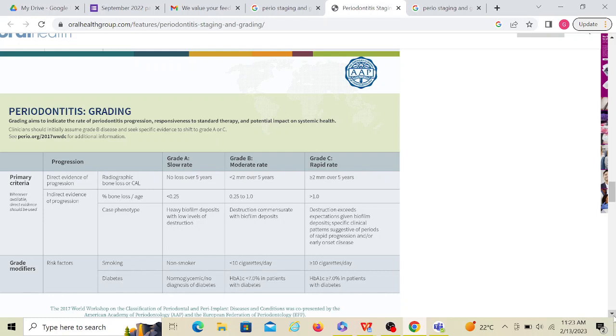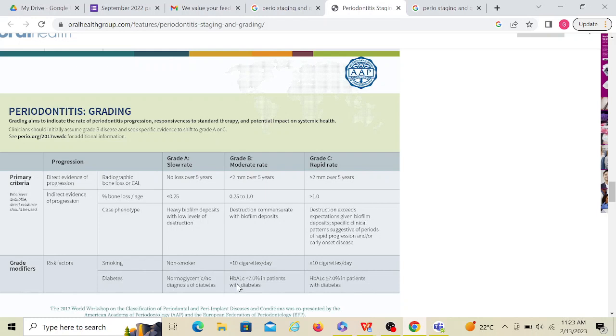Now what is grade B? Let's just remember grade B first. Grade B, I know this is a big table, but I do not want you to remember the first 3 things. Forget it. I want you to remember the last 2 ones. That is cigarettes and diabetes. Grade B, you have to memorize this, okay?